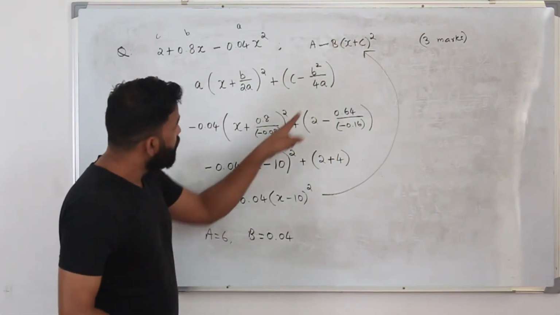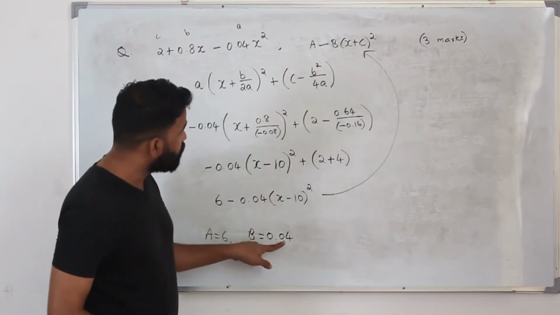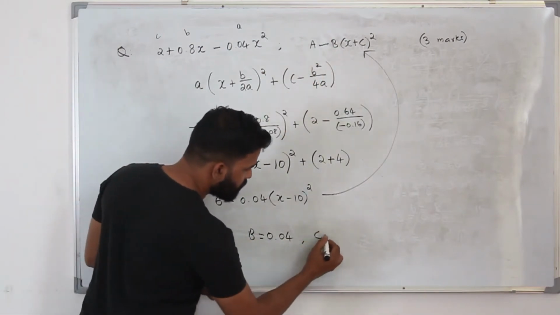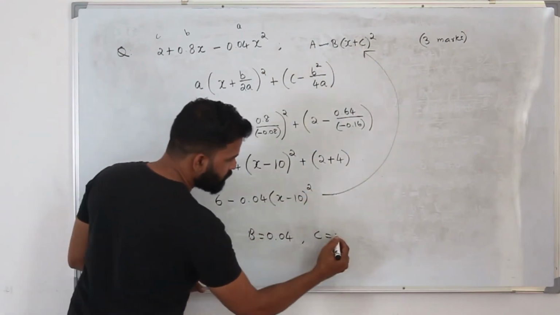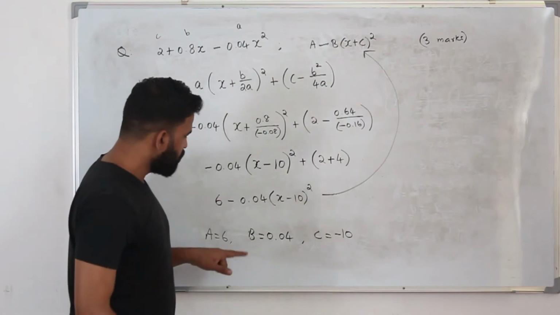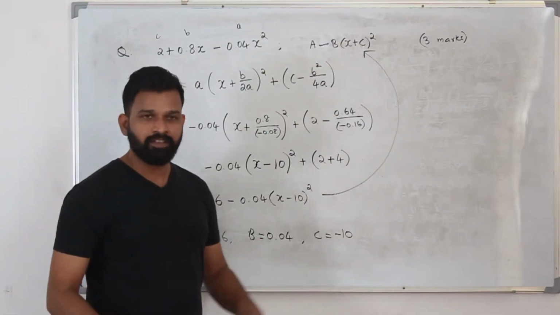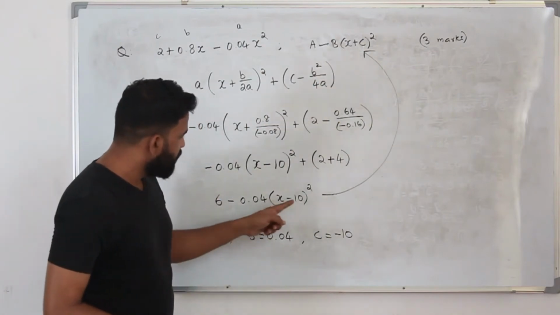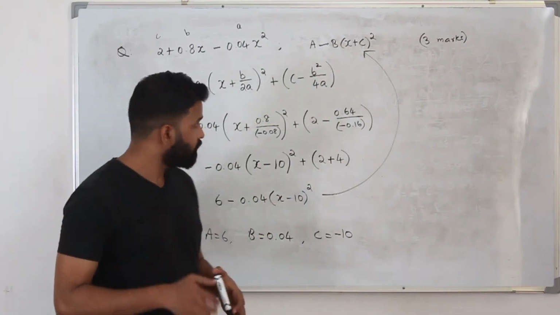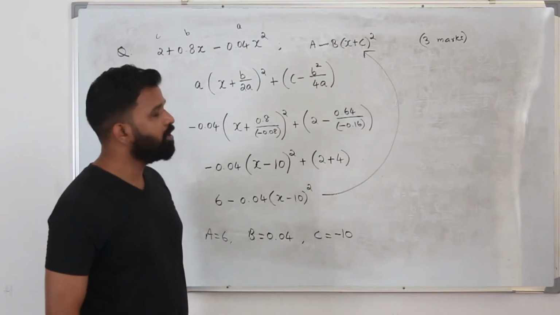You take only the absolute value, 0.04. And your c is, you have positive plus c here, minus 10 here, so take this minus 10. You have a, b and c, that's it. But again, when you compare this, you need to be very careful with positive and negative signs. And this question has 3 marks.